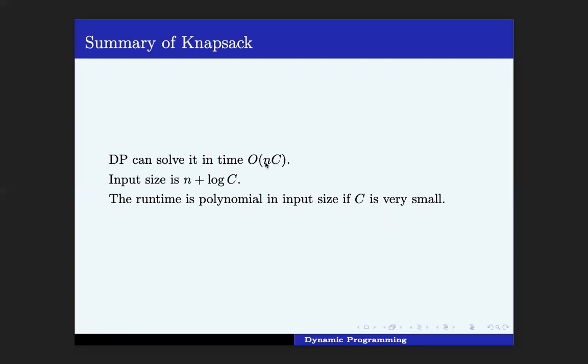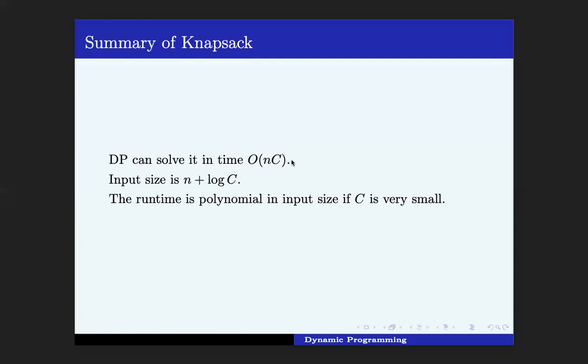Then this is order n cube, but the input size is n times log C, so the input size is more than n. The dynamic programming will give you a solution of size n cube, so it is polynomial in the input size.